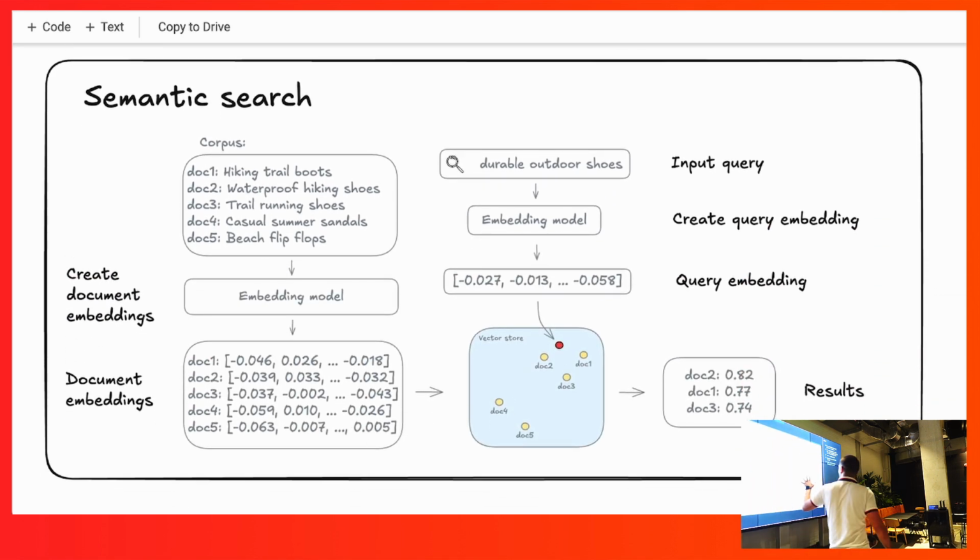This is an example, with the same document corpus and the same example we had for keyword search, but in the context of semantic search. So we have the same corpus, and the first step is to encode the documents and calculate embeddings for them.